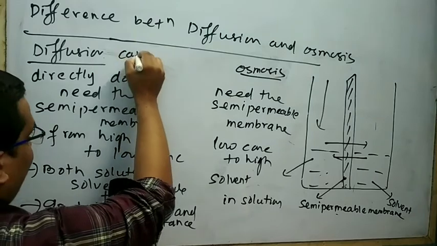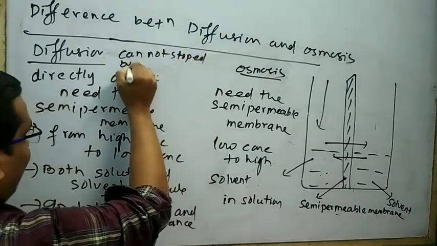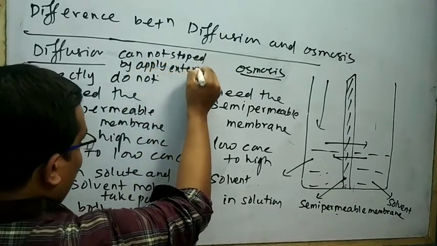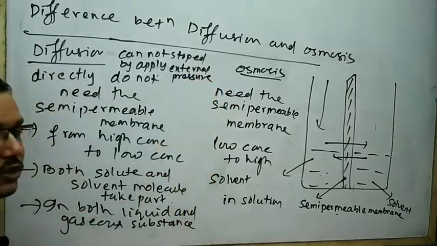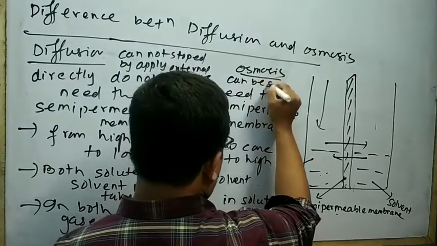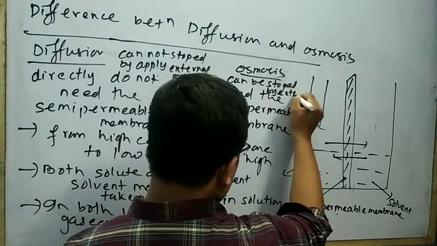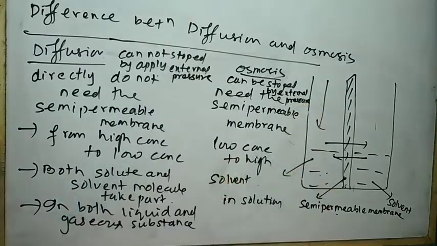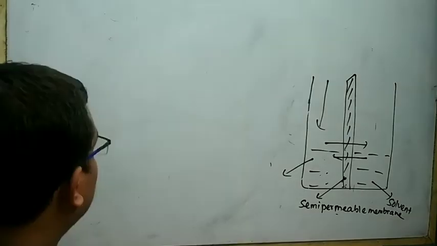Diffusion cannot be stopped by applying external pressure, but remember, osmosis can be stopped by external pressure. These are the differences between diffusion and osmosis.